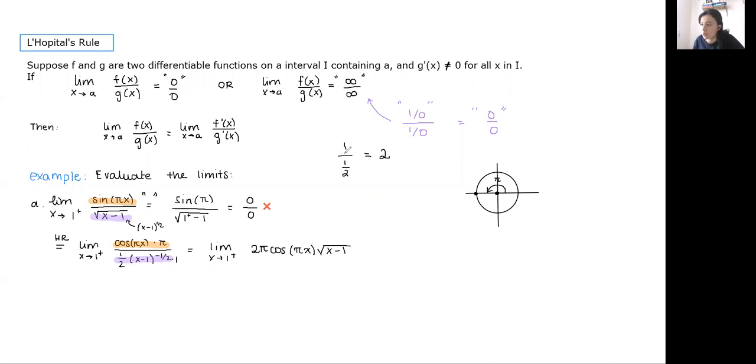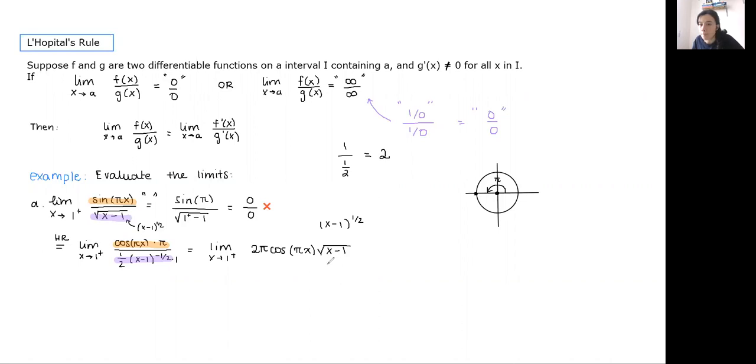If I'm dividing the denominator by 2, that means I'm multiplying the whole thing by 2. And the same thing over here is x minus 1 to the power of -1/2. Because this negative power is at the denominator, when I put this term back at the numerator, the exponent is going to become positive. So I'm going to have x minus 1 to the power of 1/2 at the numerator, which is the same as square root of x minus 1.